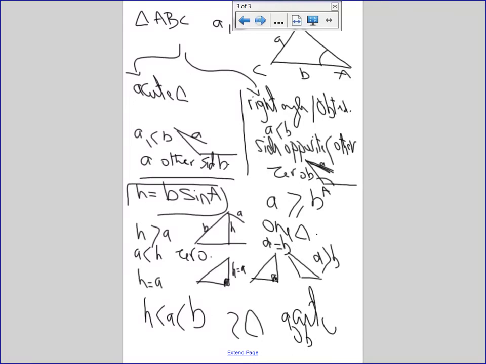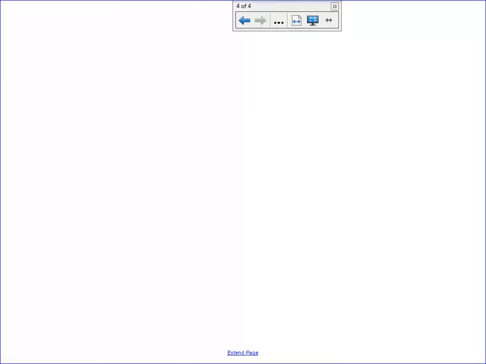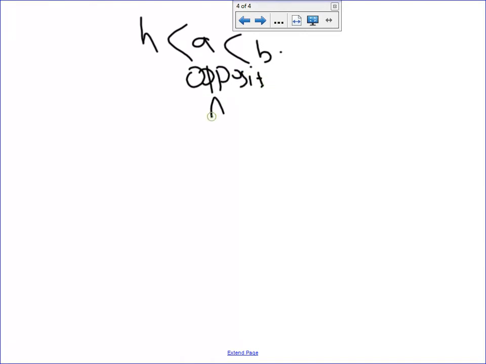How can we draw them? Look with me at this case very carefully. If the height is smaller than a, the side opposite the angle, and a is smaller than b, the second side, we have two cases.